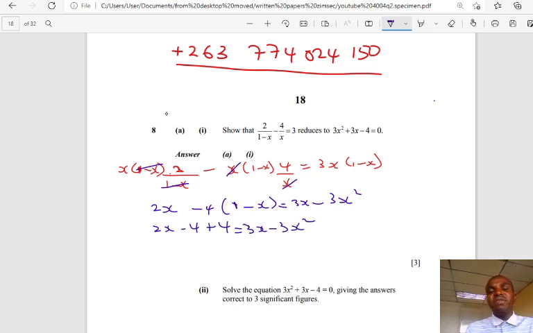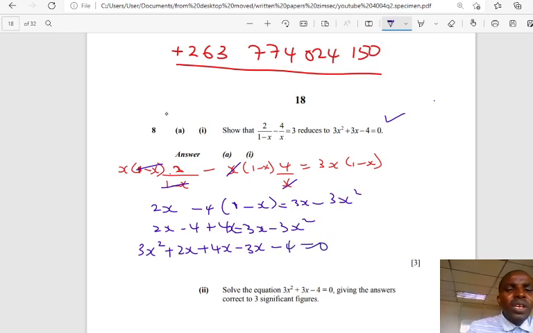Then put all terms on the left side, and the right side must be 0. We have to show it will be 3x squared. We start with the 3x squared, then plus 2x, plus 4x, then minus 3x, and then take the minus 4 to this side, so it will be minus 4 equals 0.